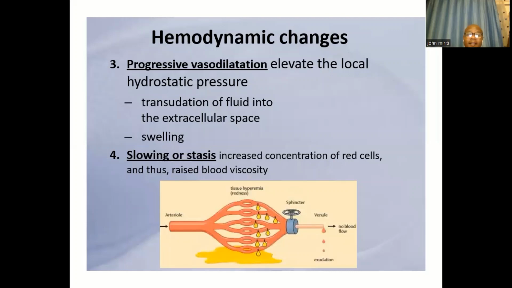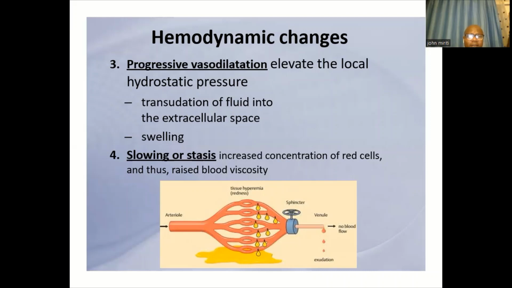The third one in the hemodynamic changes is progressive vasodilatation, where there is elevated hydrostatic pressure at the local point of inflammation.